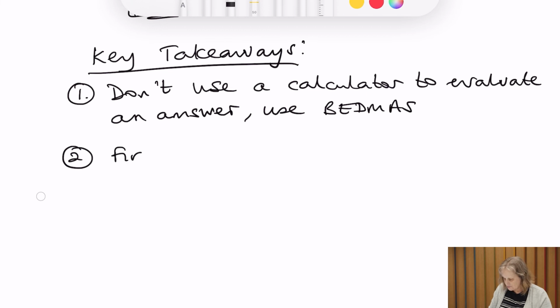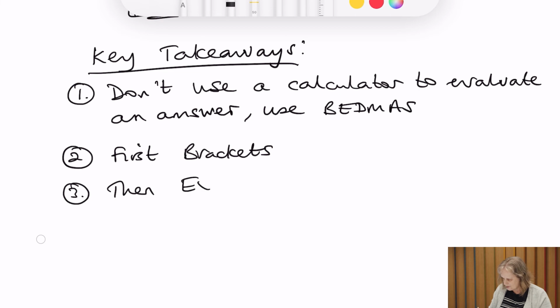Okay, so again, just a reminder of BEDMAS. We first of all do the brackets, the parentheses, then we look at the exponents and work out the exponent part, and then we're going to go from left to right.